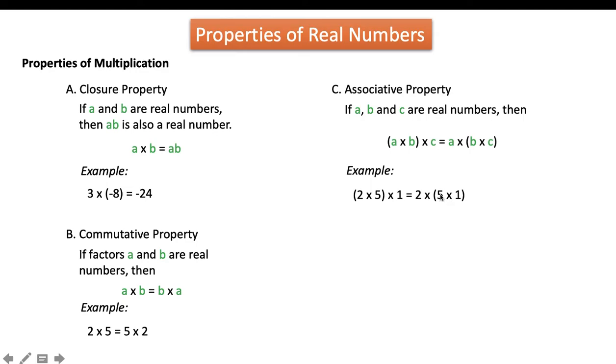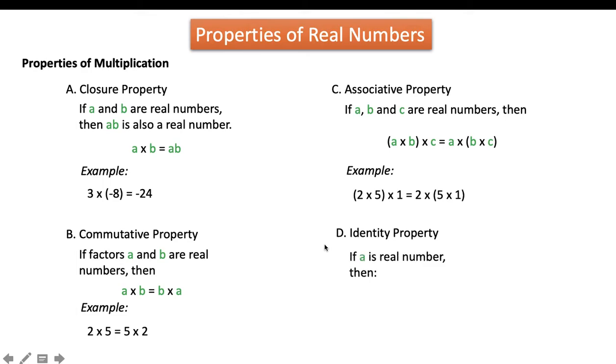On the other side, since there's a grouping symbol here, we will prioritize this. So 5 times 1 is 5, then 5 times 2 is still equal to 10. Therefore, even though they are in different groups, their values are not affected. So the groupings of the factors will not affect its product, and that is the associative property of multiplication.